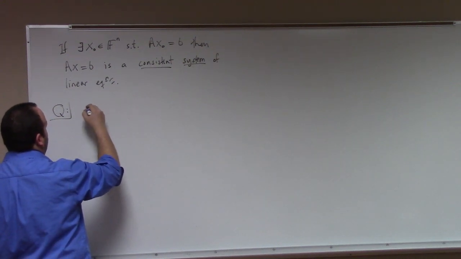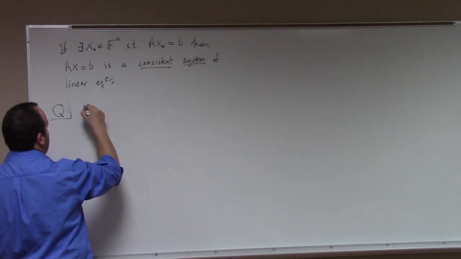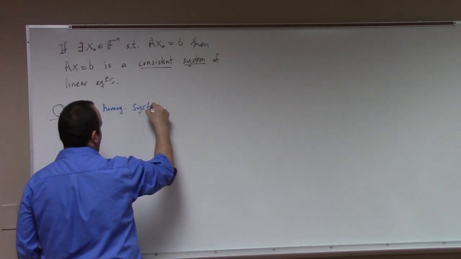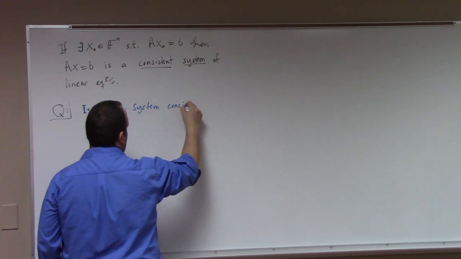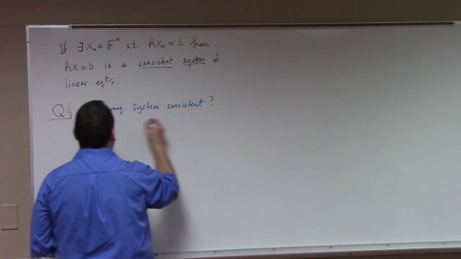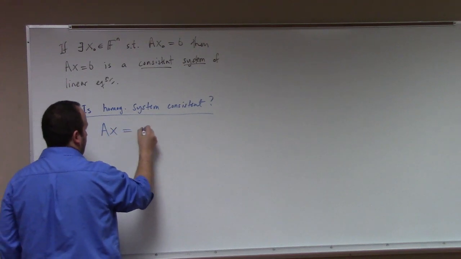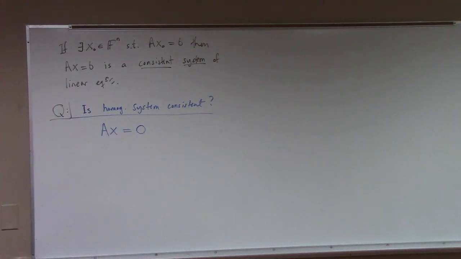But before we get to the things that you guys will like more, my question to you at the moment is: is a homogeneous system consistent? In other words, can you solve AX equals 0? Can you tell me, is there a solution to this system?